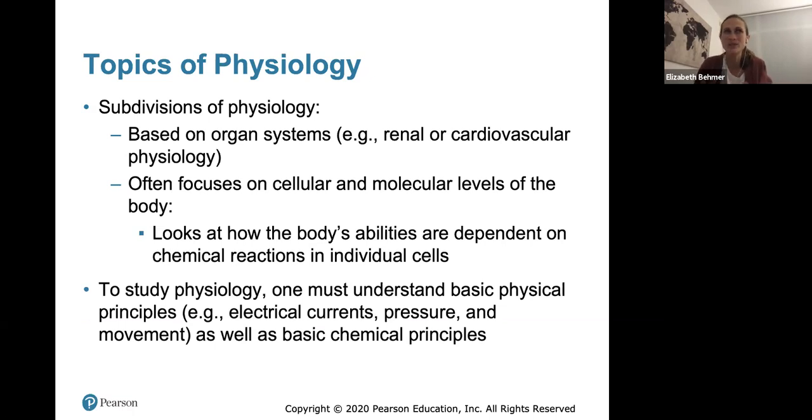So physiology will dive a little bit more into the chemical reactions that occur on a cellular level. To study physiology, one must understand basic physical principles like electrical currents, pressure, and movement, which we will get into, as well as basic chemical principles. So we get a little more into chemistry and physics in physiology, but not too much.